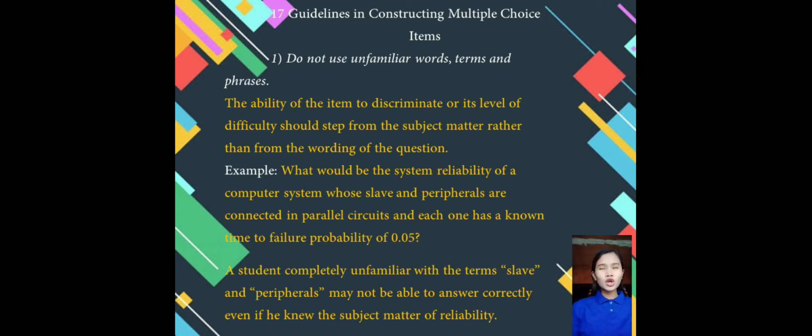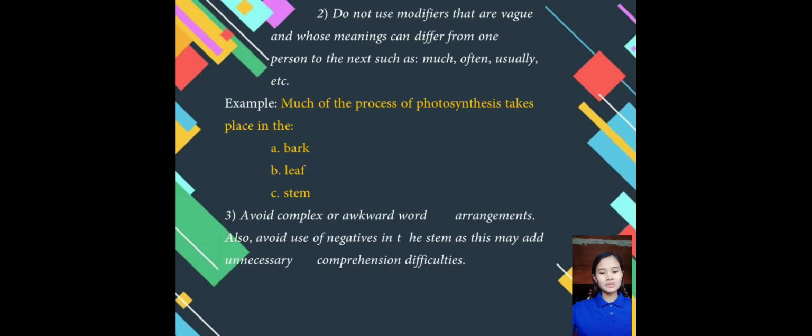A student may be completely unfamiliar with the words slave and peripherals. So, what would you think is the effect of using unfamiliar words in your questions? Definitely, the students may not be able to answer the question correctly even if they know the subject matter.